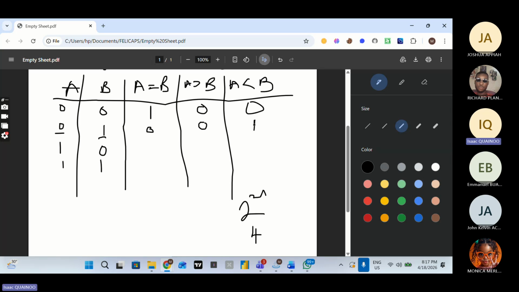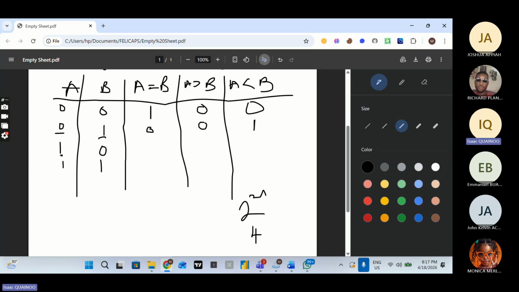So we are going to have a 1 only as A is less than B. And we know that for magnitude operators, for any possible set of inputs, only one comparator can be true or high. The rest will be 0. So immediately you are able to determine the one which is high, then all others are going to be null, or you are going to put 0 for all others.